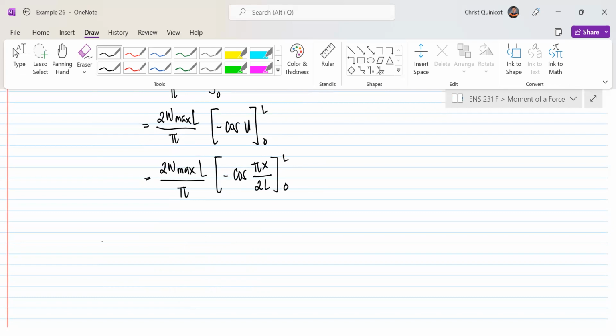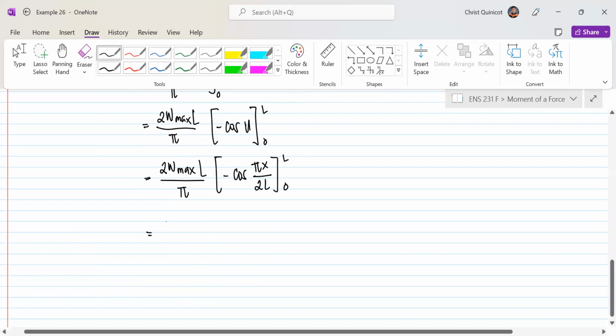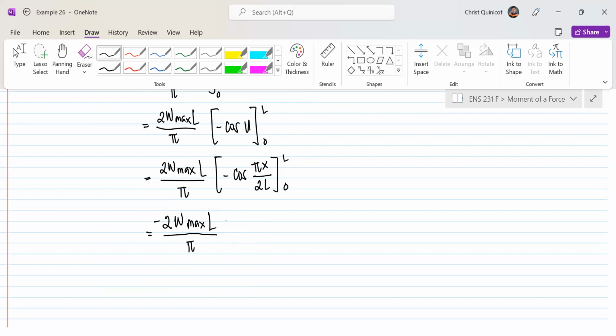Okay, this is substitute 2 w sub max L divided by pi. Now this, we take out the negative, so this becomes negative here, quantity.